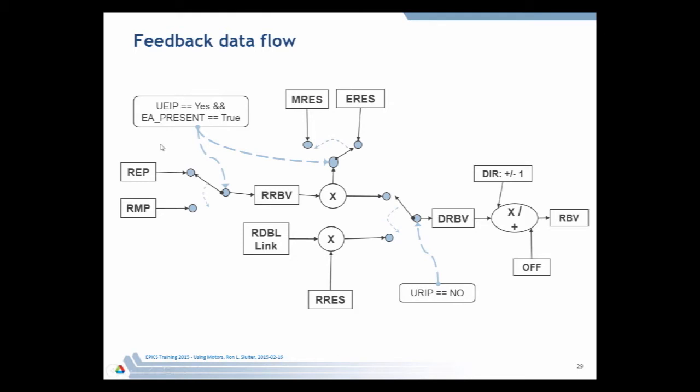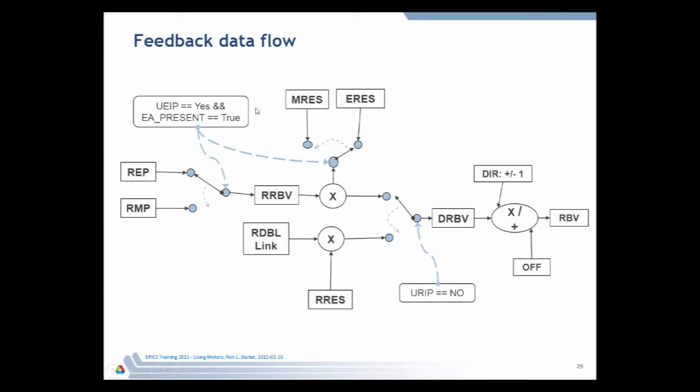That user readback value and the dial readback value can either come from the commanded position of the motor controller, which means there is no feedback. You're just being shown what the current commanded position of the device is. Or it can come back from the raw encoder position, so it is showing you the feedback.